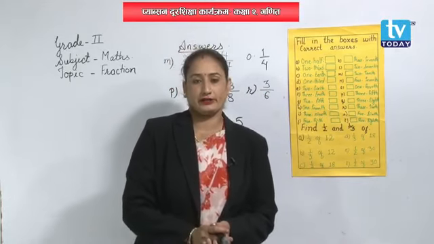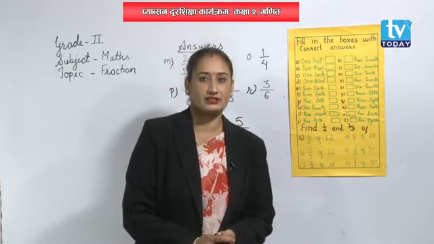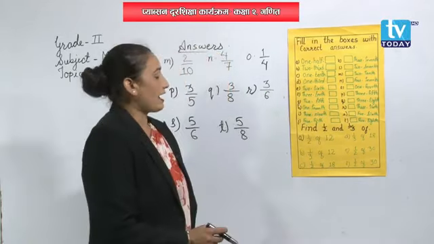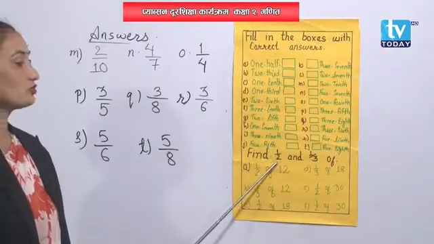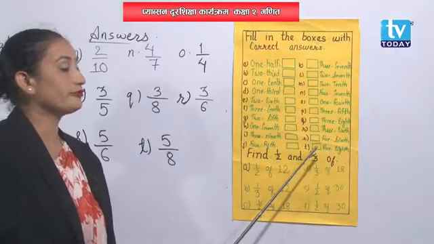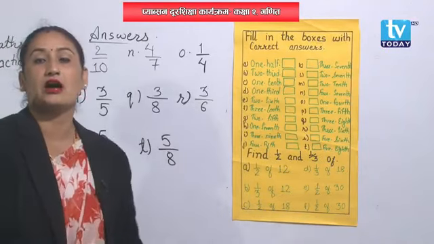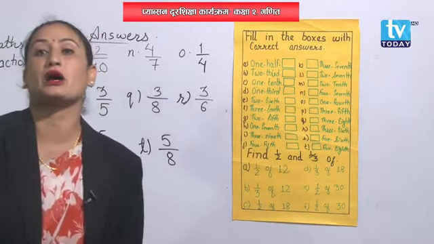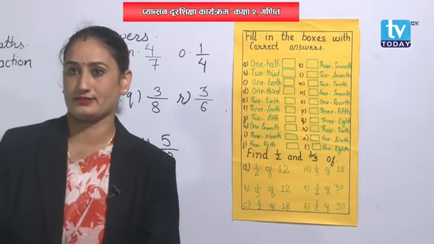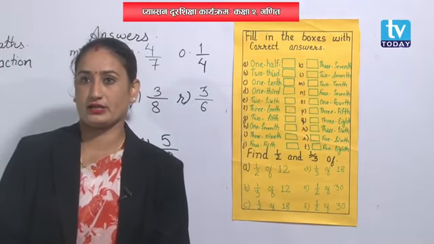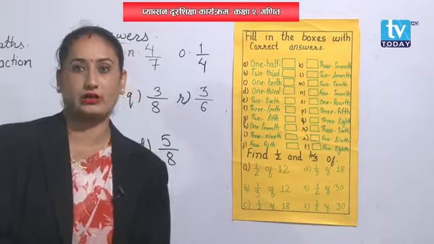Now students, your next question is to find 1/2 and 1/3 of the given questions, the half and 1/3 part of the given questions. Okay, ready to do that one?